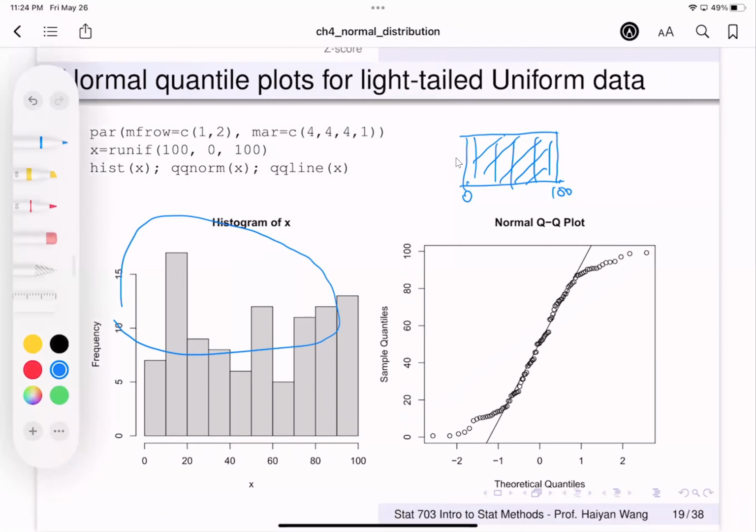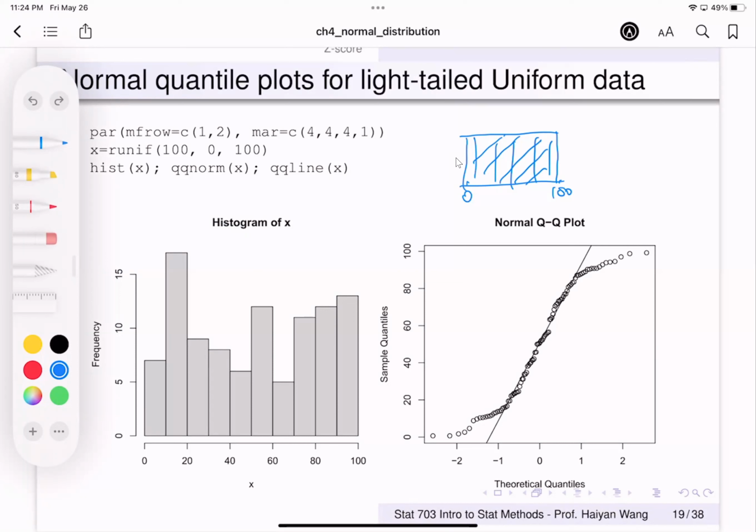If you take a random sample from the uniform again, you might have a different shaped histogram. This is the variability inside the sample, okay? And if we plot the normal quantile plot, because all of the data are between 0 and 100, there's no data outside of that.